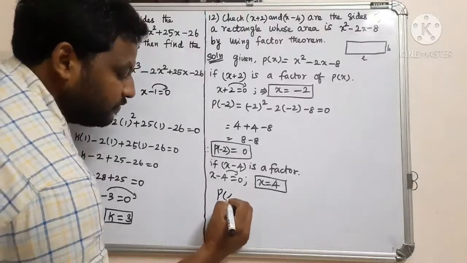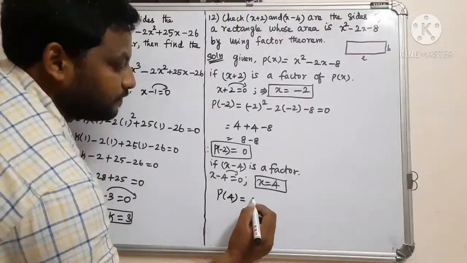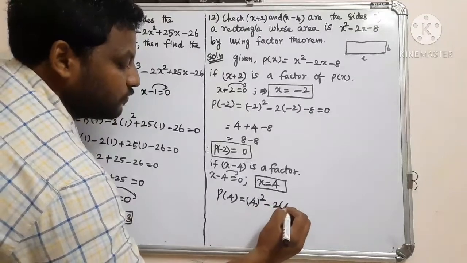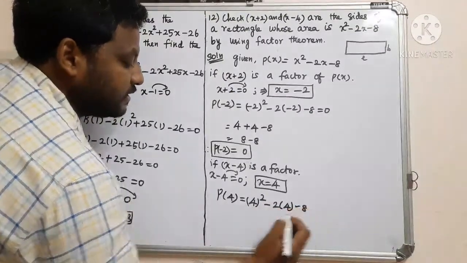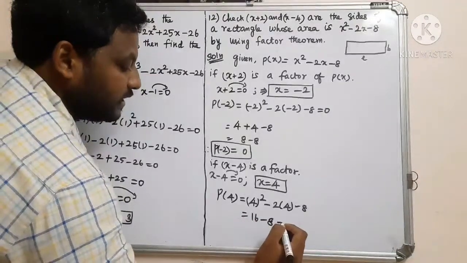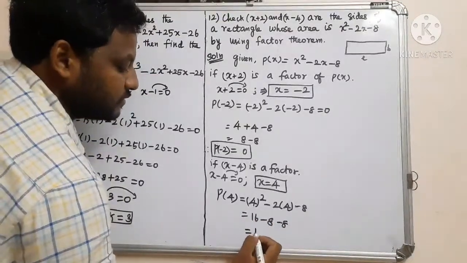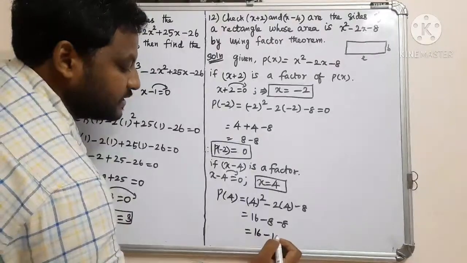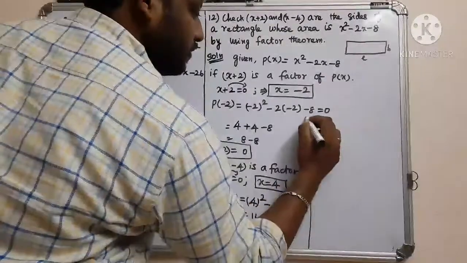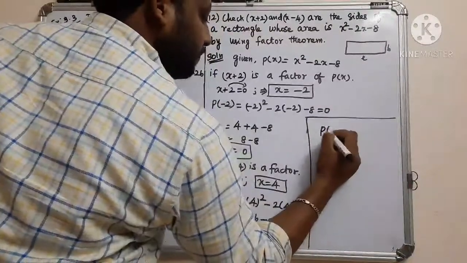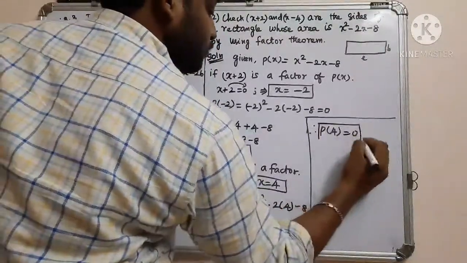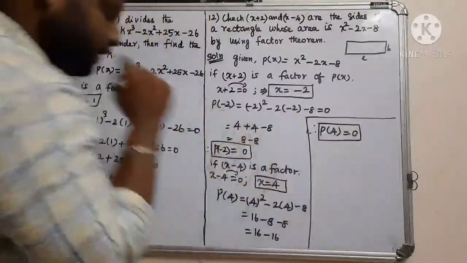So p of 4 is equal to 4 square minus 2 into 4 minus 8. So 4 square is 16, minus 2 into 4 is 8, minus 8, which is equal to 16 minus 8 minus 8, that is 0. So p of 4 is also 0. So both remainders are 0.